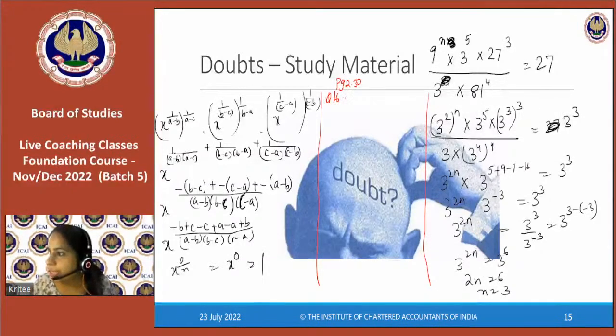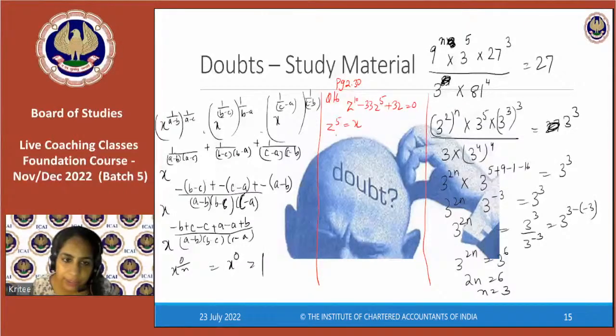This question says z raised to power 10 minus 33 raised to power z raised to power 5 plus 32 equals 0. You know how easy it is. Take z raised to power 5 equals to x. So squaring on both sides, z raised to power 10 becomes x square. So this is x square minus 33x plus 32 equals 0. When you solve this, it comes out to x minus 1 and x minus 32 equals 0. So your x is 1 and 32.